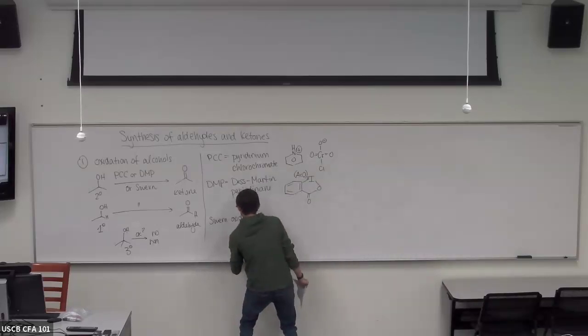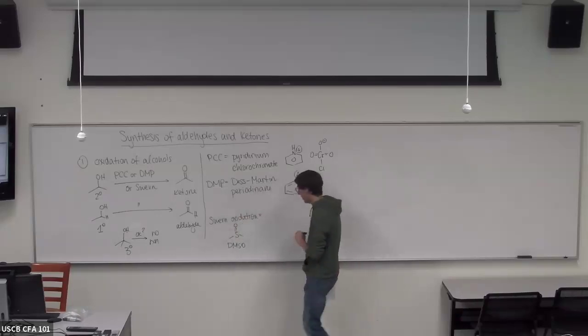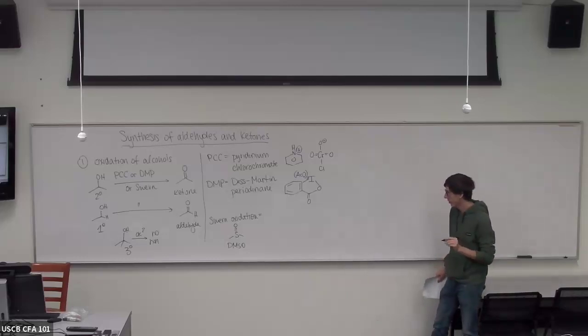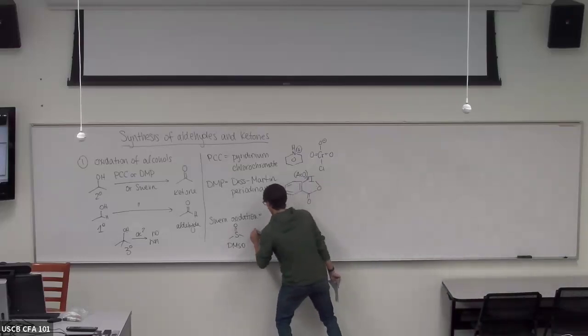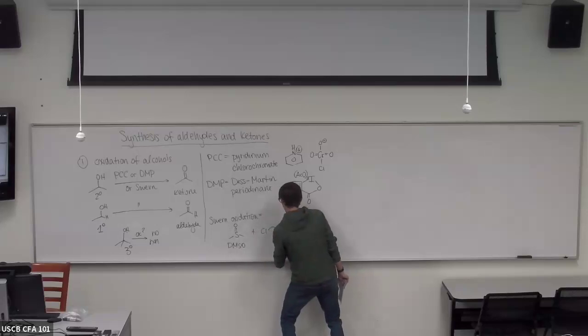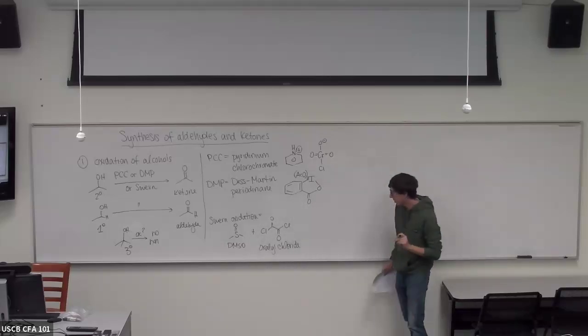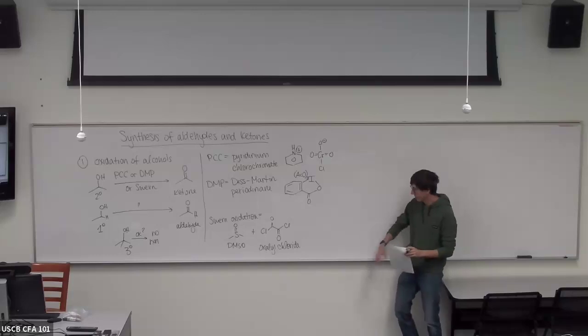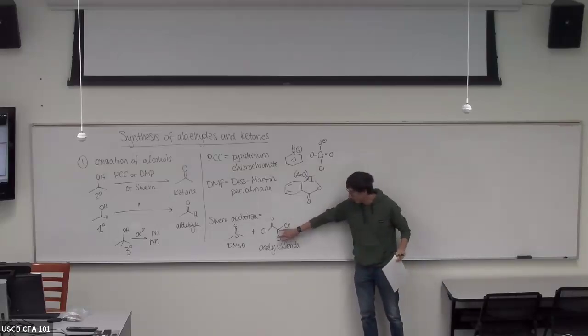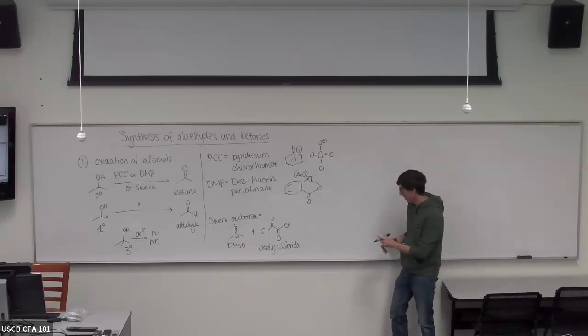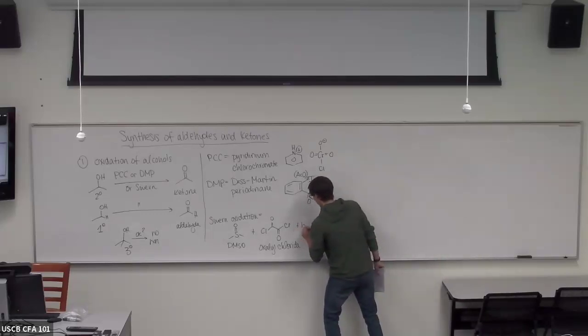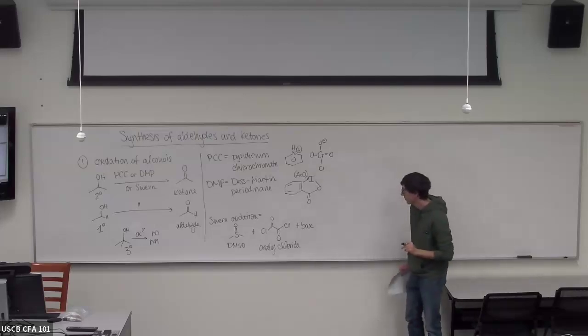So we need dimethyl sulfoxide, DMSO, plus oxalyl chloride, which is like an acid chloride, but on both ends. And we need some sort of base.